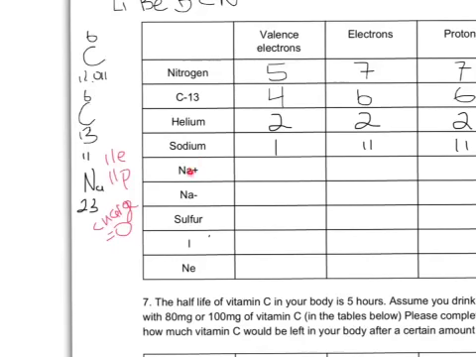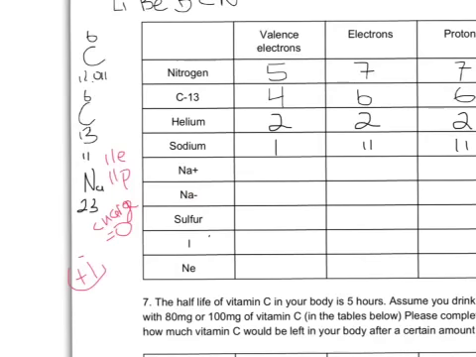But when we have this situation, this is indicating that the charge is plus 1. So if the charge is plus 1, that means that it is missing an electron. Electrons are negatively charged. So if it loses an electron, its charge will become positive. If it gained an electron, its charge would become negative.